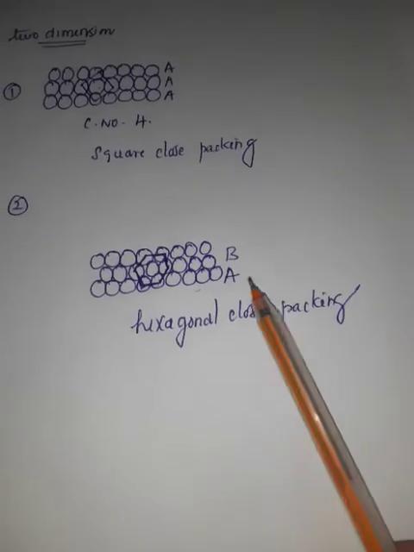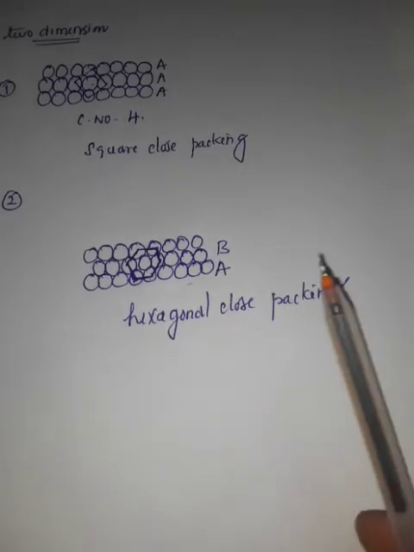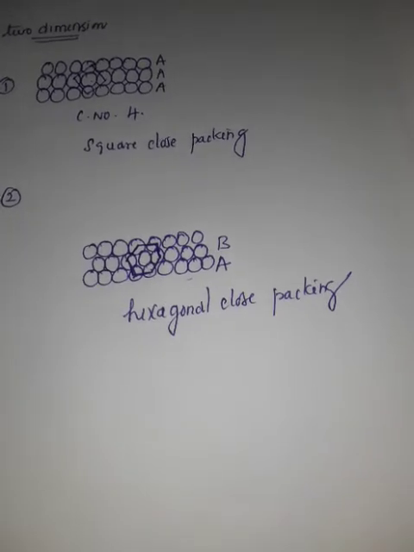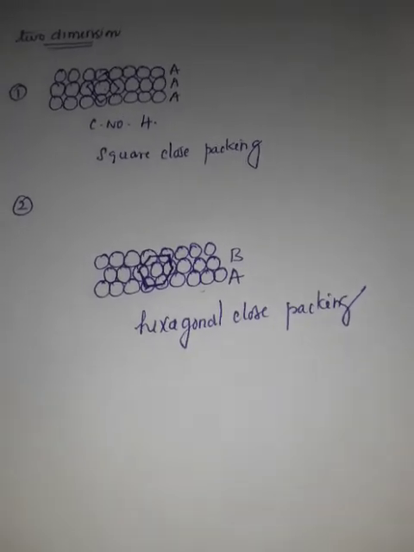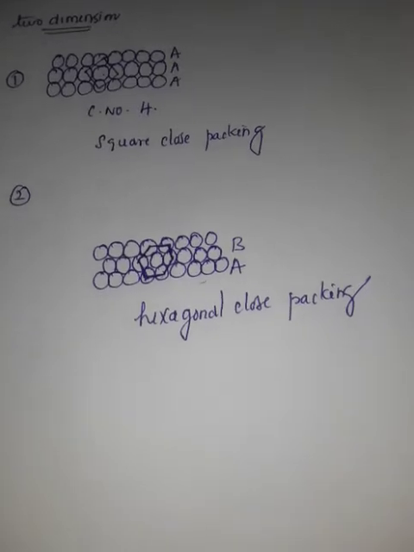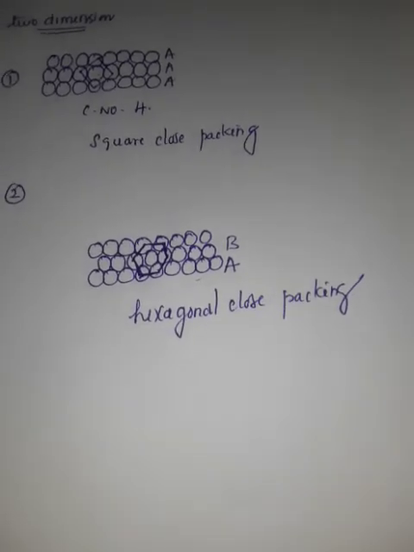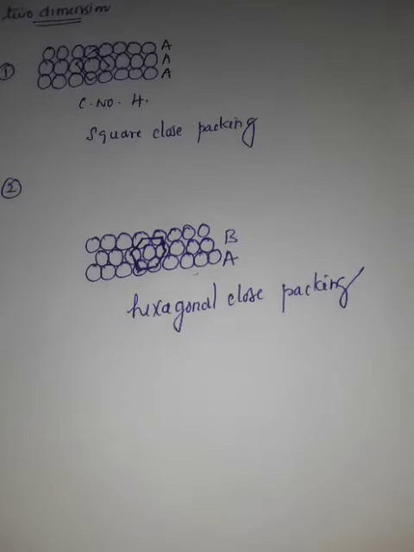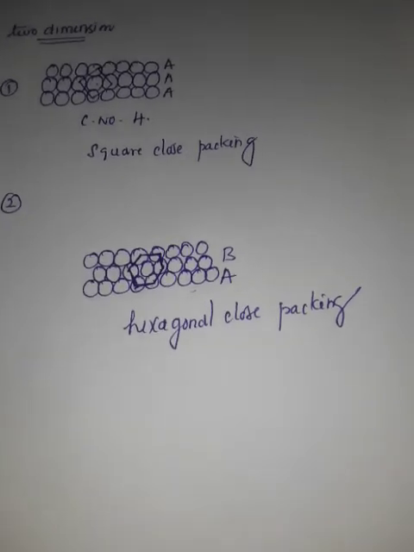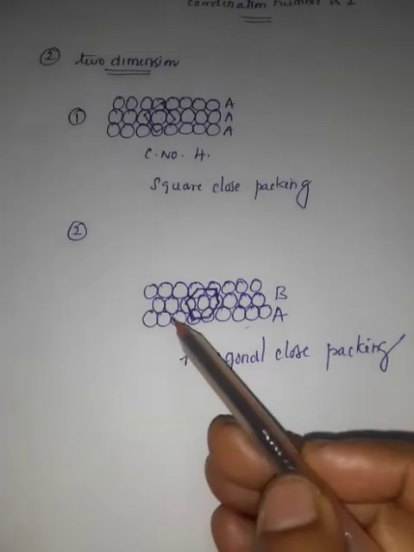Here there are some voids. What is meant by void? Void means empty space between the particles, that is, between the spheres. So here there are some voids of triangular shape in between.